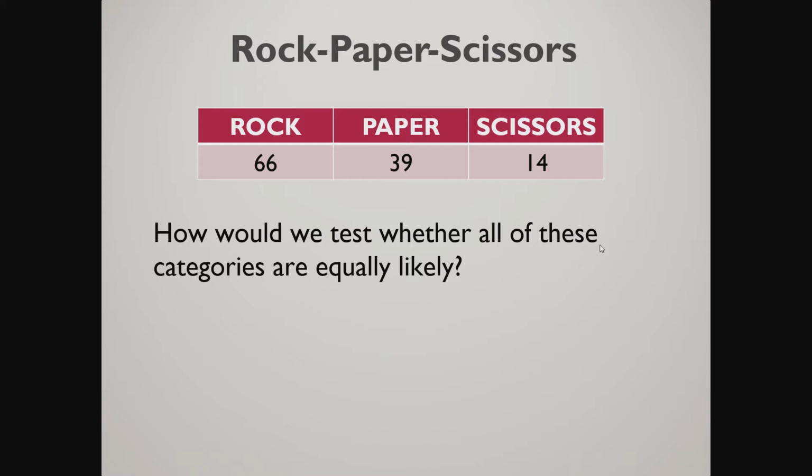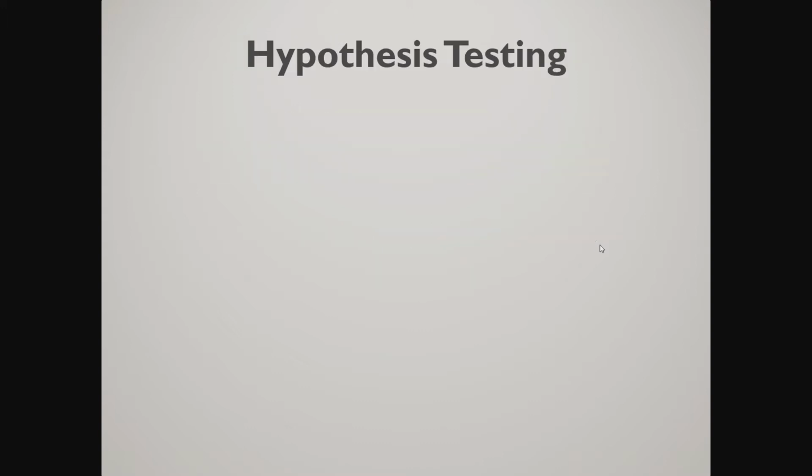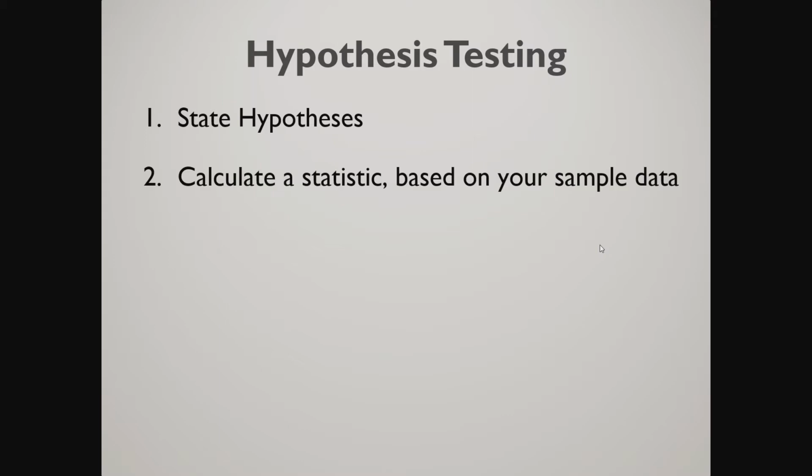So when we want to test whether each of those categories is equally likely, we would state the hypothesis, and the null hypothesis would be that a particular player, based on observations, was equally likely to pick rock, paper, or scissors. The alternative hypothesis would be that they were not equally likely, that they had some bias that chose one category over the other.